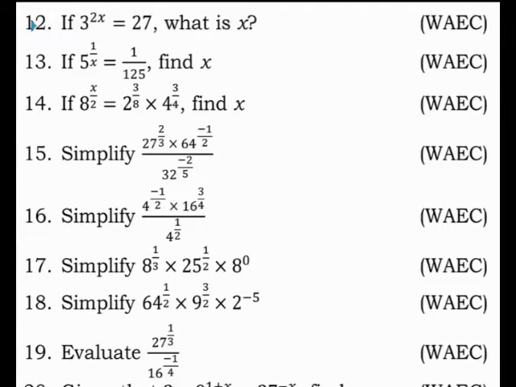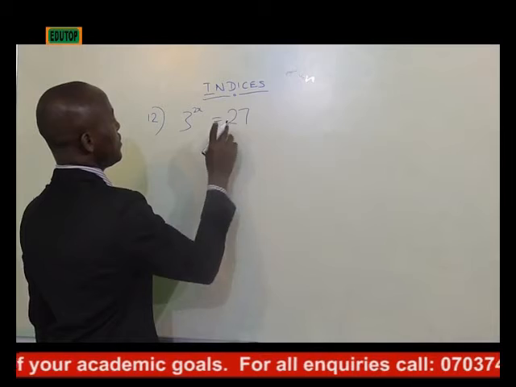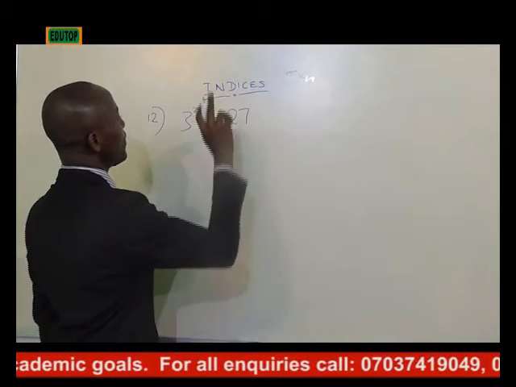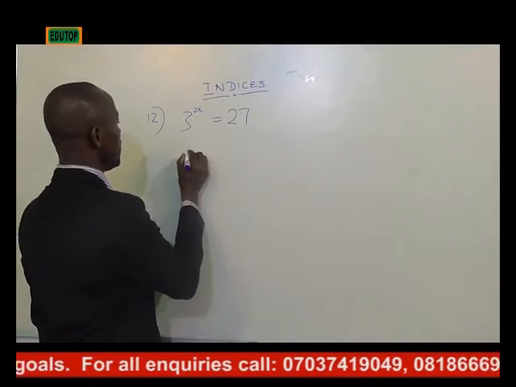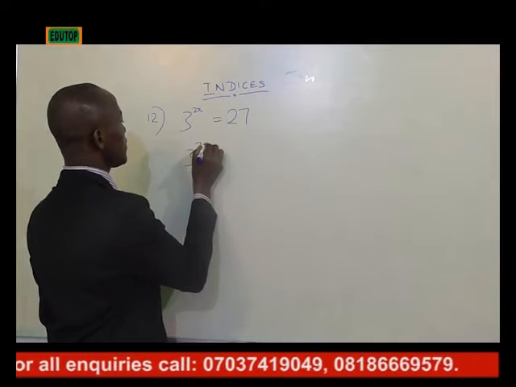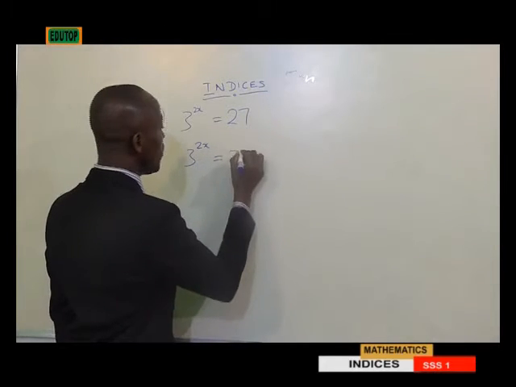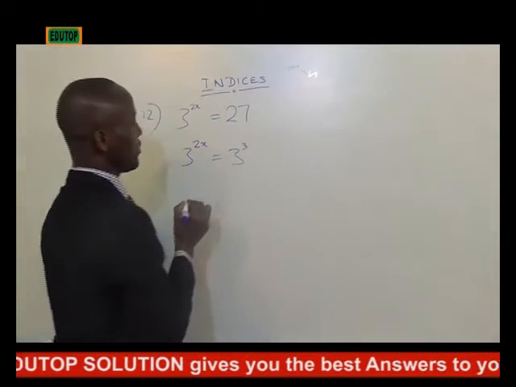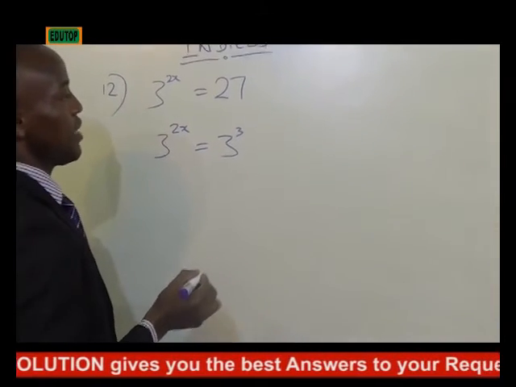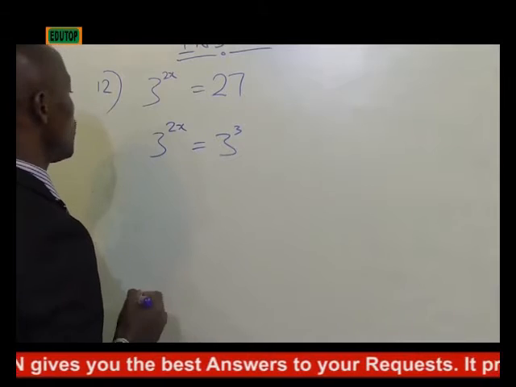Example number 12. If 3 raised to power 2x is equal to 27, what is x? That is, we are looking for this x. What is the value of x? So that means we are going to convert this 27 to 3 raised to some power. That will be 3 raised to power 2x is equal to 3 raised to power what? That will be 3, 3 times 3 is 9, 9 times 3 is 27.